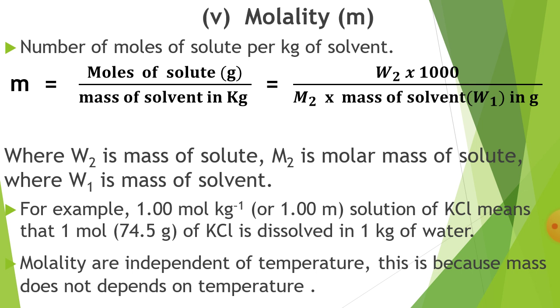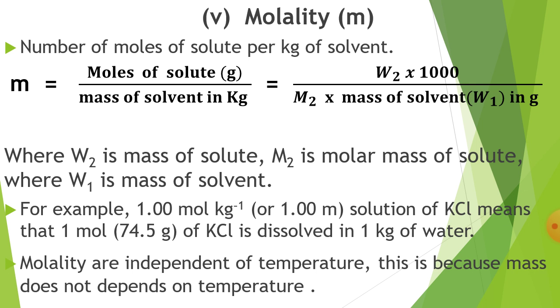For example, 1.00 mole per kg is the unit of molality, or a 1.00 small m solution of KCl is written. This means that 1 mole, the weight of KCl is 74.5 gram, of KCl is dissolved in 1 kg of water.